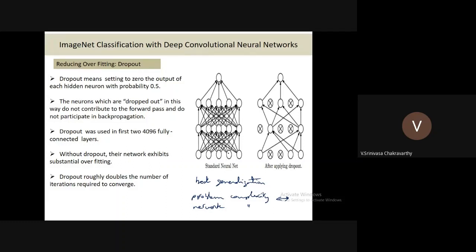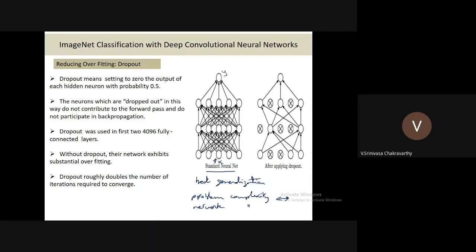In the left figure you see a standard neural net. It gets some input at the input layer, and then you get the output Y in the output layer. You have so many hidden layers and so many weights. If you want to reduce this network size, one way to do it is chopping the weights. That is what is done in traditional pruning.